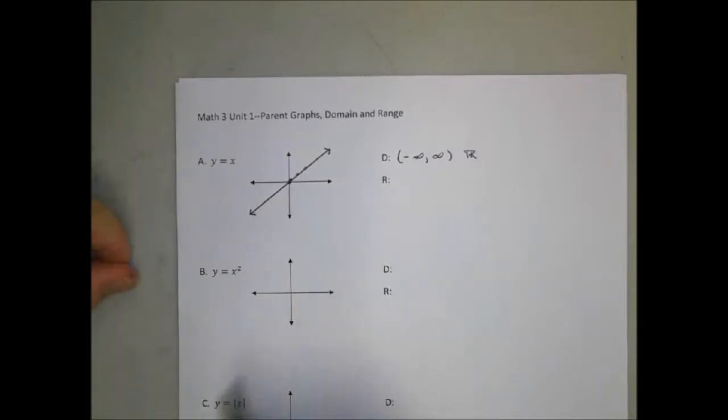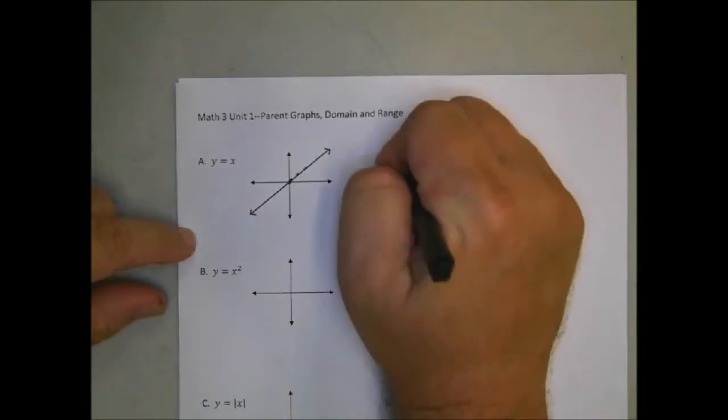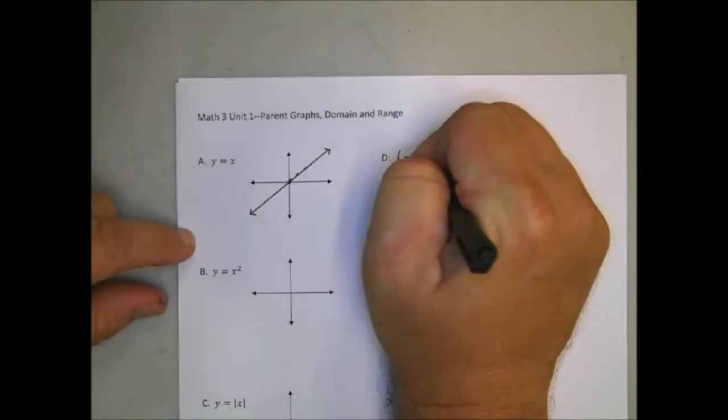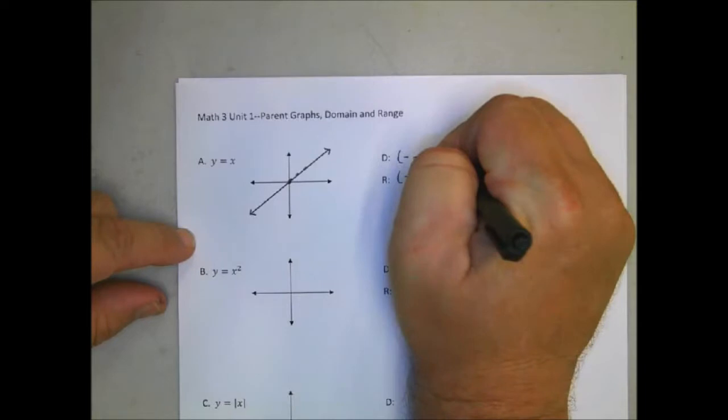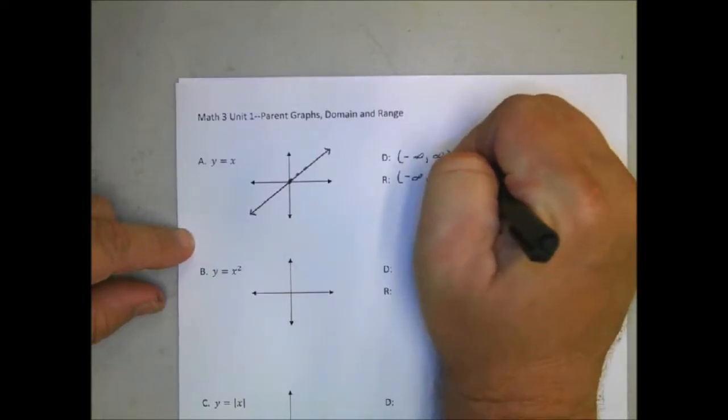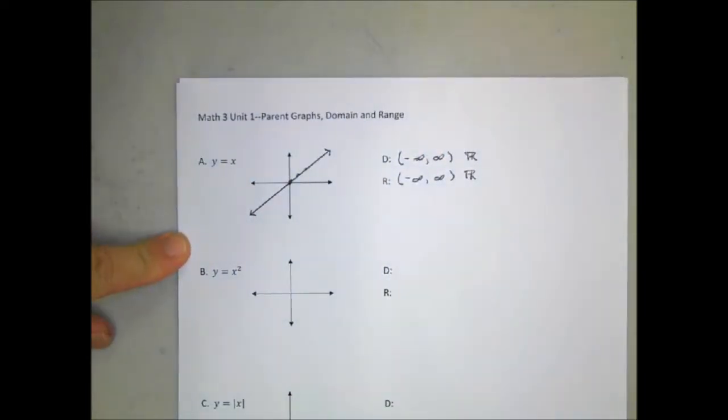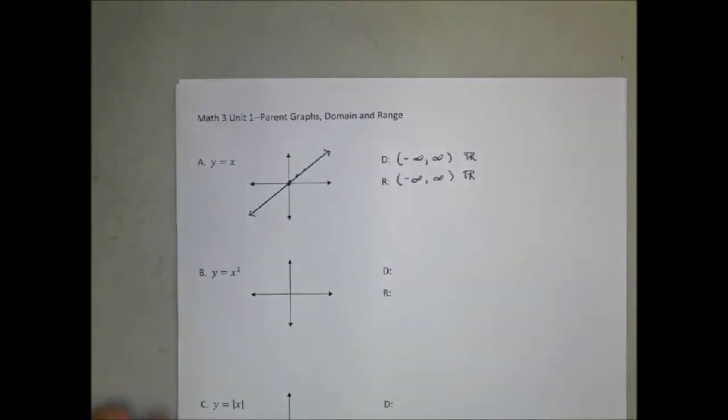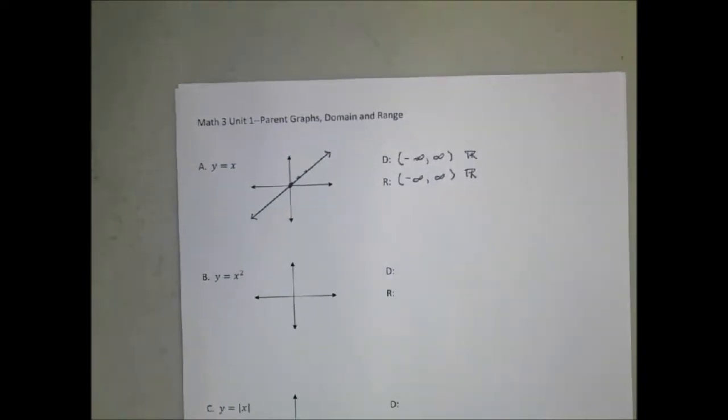It goes down forever and it goes up forever. So again, we're looking at -infinity to +infinity, all reals. So that's kind of the most basic one that you can get, just a regular old linear equation through 0, 0 with a slope of 1. The leading coefficient is that invisible 1, and that's why the slope is 1.